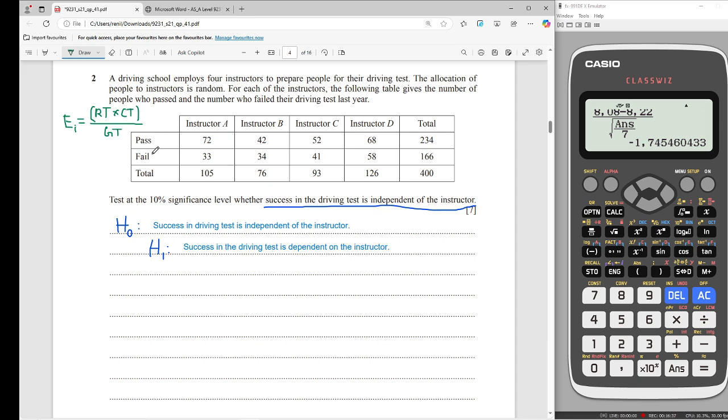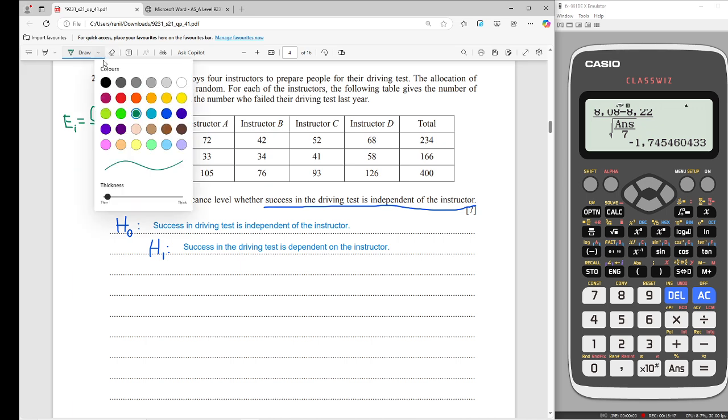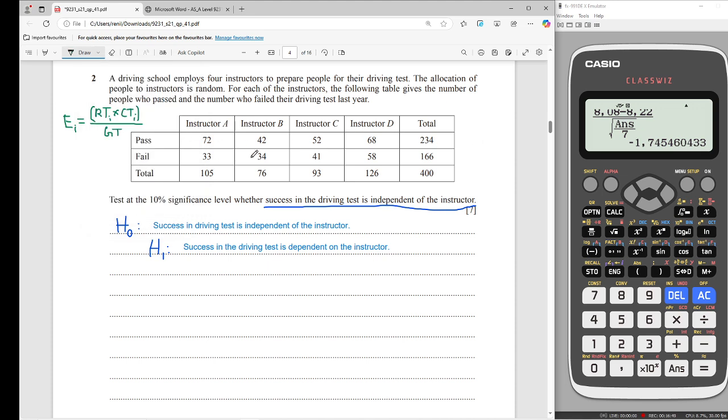Okay, so what does this formula mean exactly? We're going to be assigning each value in this table a number from 1 to 8. I'd like to assign row by row: 1, 2, 3, 4, 5, 6, 7, 8.